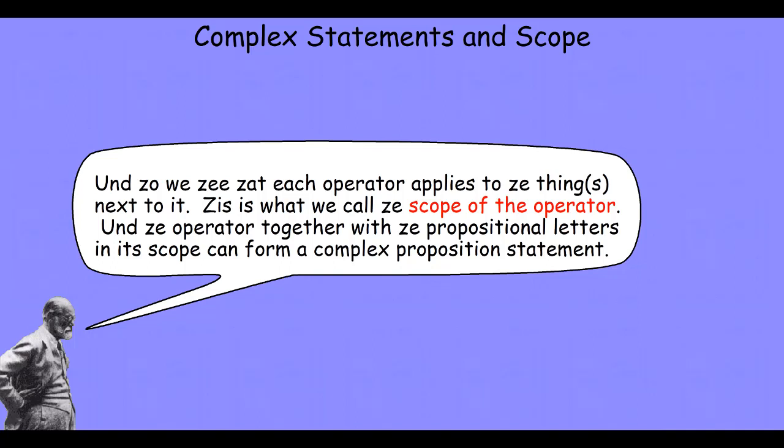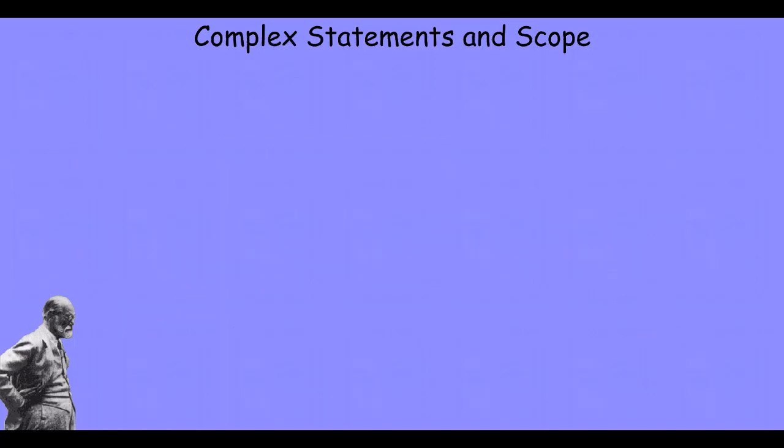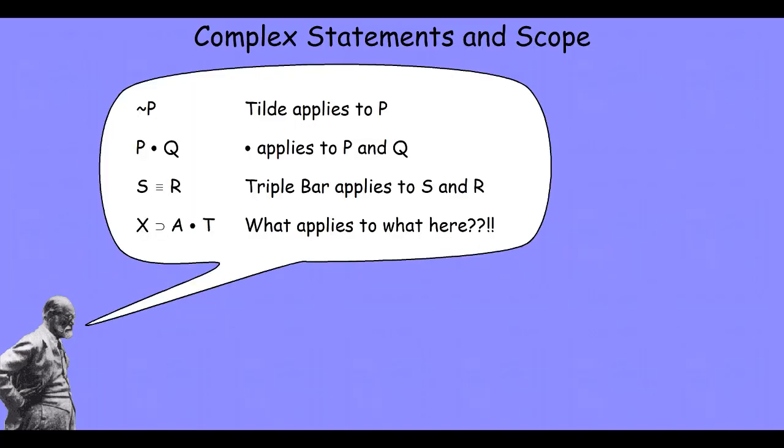So it's very powerful, but it's also pretty simple. The basic idea of scope is simply this. Once we start having more and more logical connectives and simple statements, we want to make sure what each logical connective applies to.